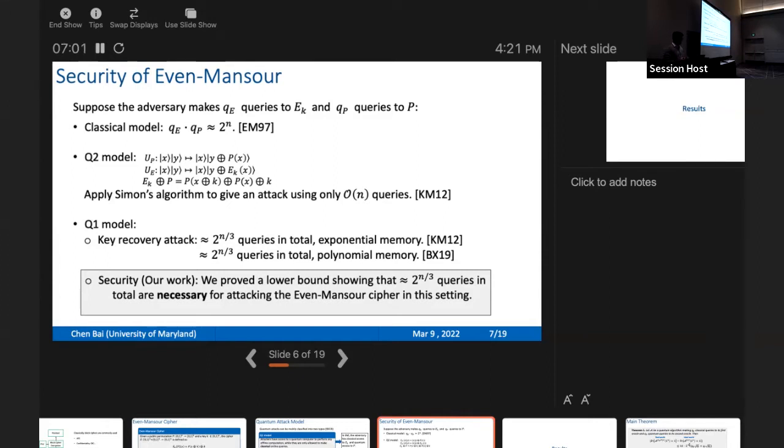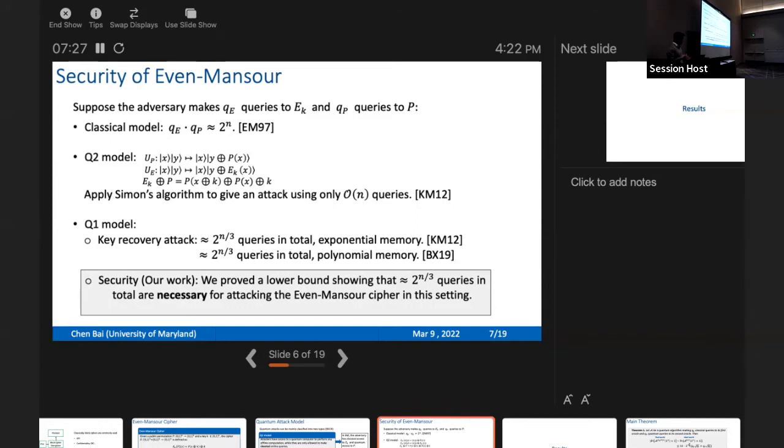Right, and next, in the Q1 model, the security wasn't clear yet. Previously, Kuwakado and Morii showed a key recovery attack which only requires 2^(n/3) queries in total, using the BHT collision finding algorithm. Their attack requires exponential memory, which was later improved to polynomial memory in the offline Simon's algorithm paper.